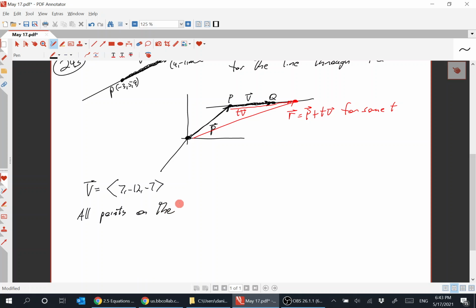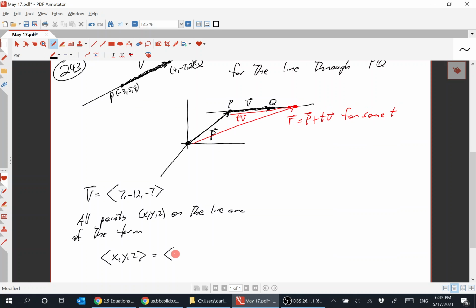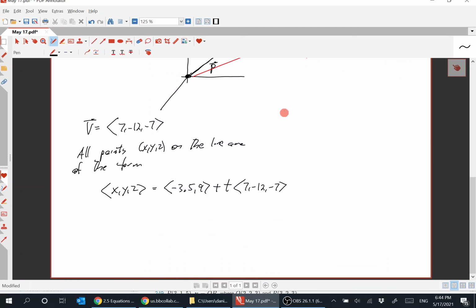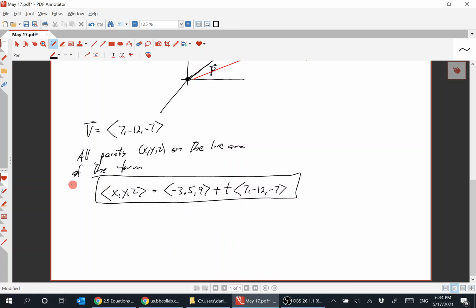All points X, Y, Z on the line are of the form X, Y, Z equals P, and you could use Q or P, whichever you want, -3, 5, 9, plus T times V, which was 7, minus 12, minus 7. So that's the vector form of the line.